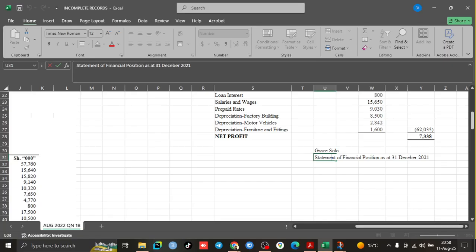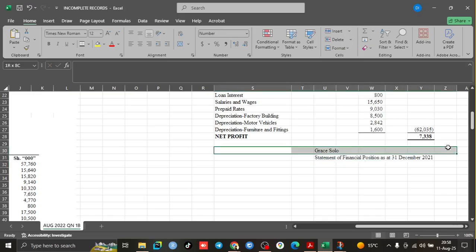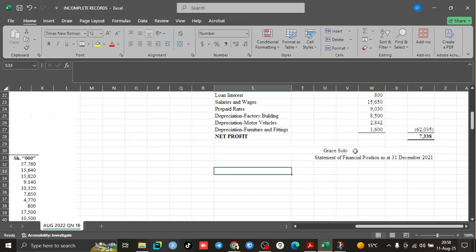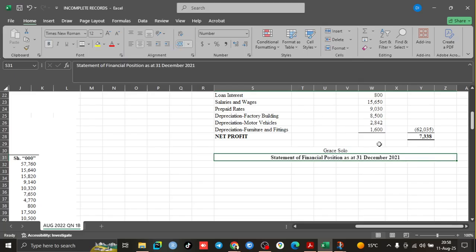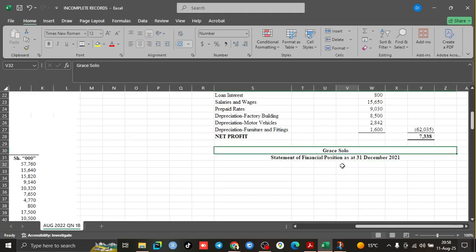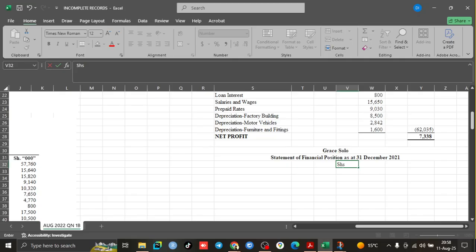Always you start with non-current assets, go to current assets, then capital, then non-current liabilities and current liabilities. It gets balanced off that way. So let's see how it turns out. So the format, always, if it's a sole trader, regardless of whether it's complete or incomplete records, this is how it looks.